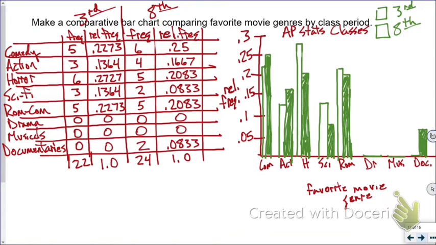All right, so we have our bar graph. Hopefully that makes sense. Hopefully you made a similar one. We need to now talk about it and look at anything of interest.